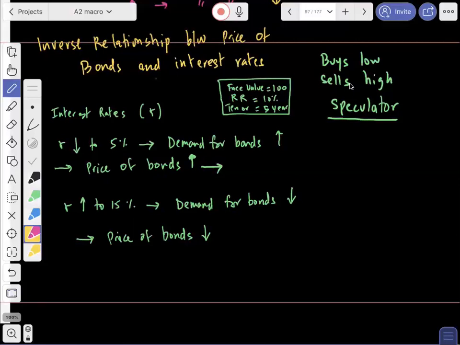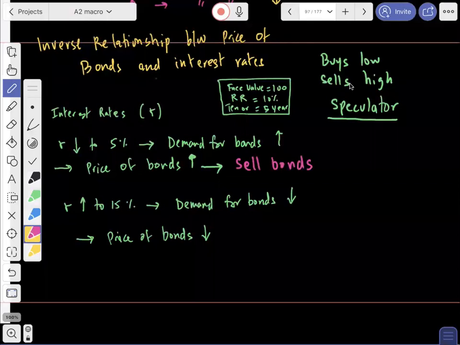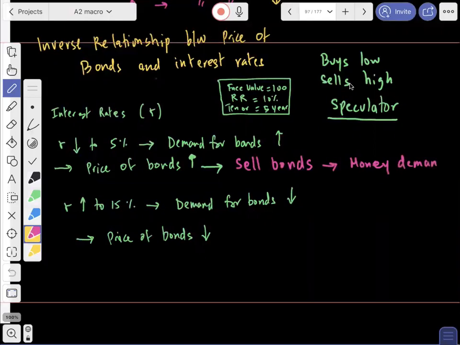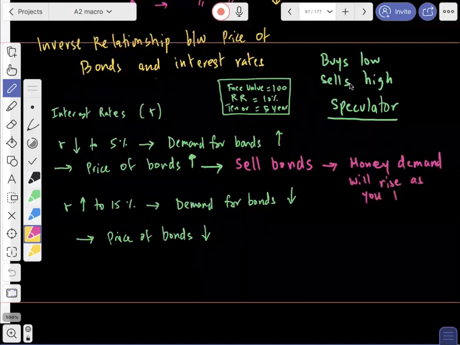If the price of bonds goes up, you sell bonds, and when you give bonds to people, people will give you money. Your money demand will rise as you hold more cash.